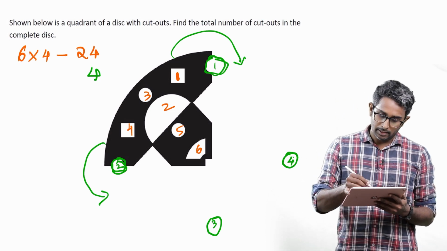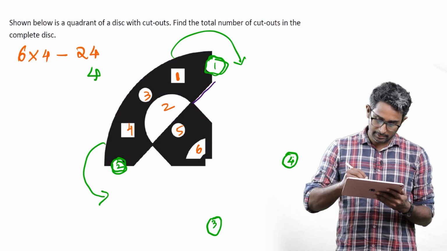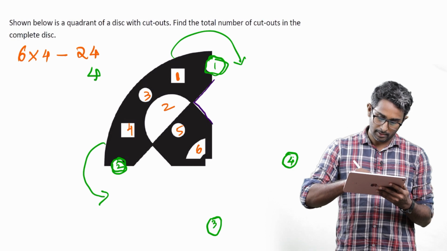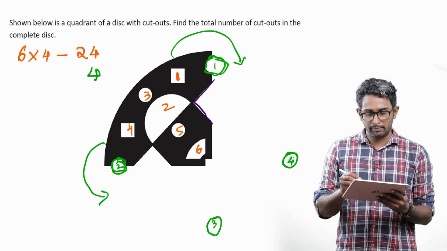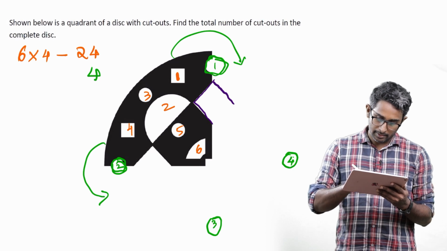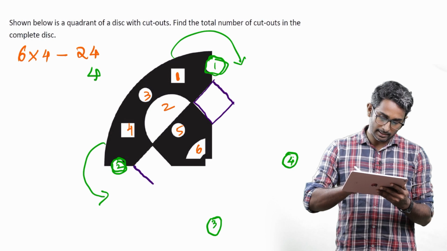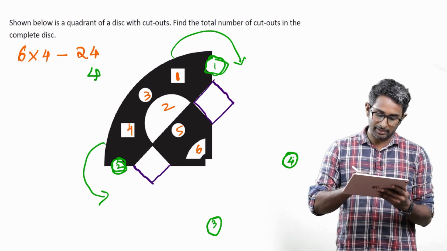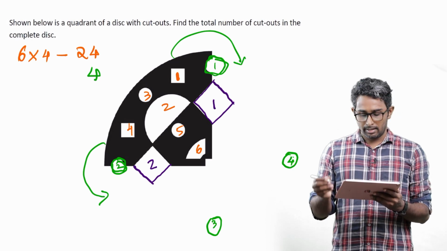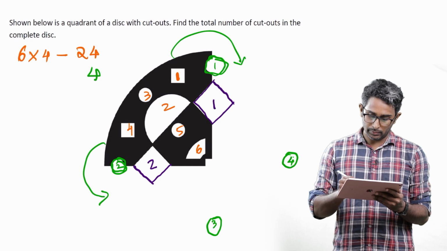Then again, if you observe the figure carefully, there is a shape like this, and if we complete the shape by adding the quadrant, a square shape will be formed like this. I am naming this as 1 and this as 2, and similar to the circle, we will have 2 more squares similar to this one.